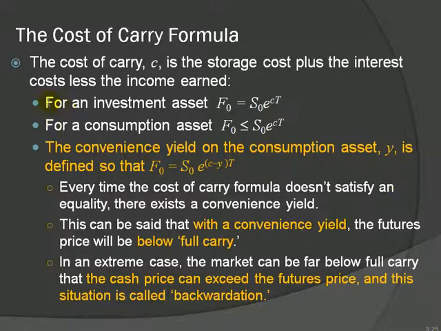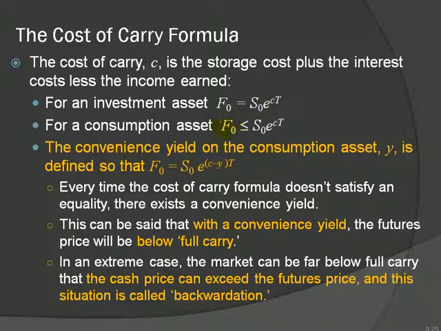And for an investment asset, we observe equality, but for a consumption asset, since people prefer the spot contract for consumption reasons over the futures contract, there is an inequality. Like I said on a previous screen, people don't want to short sell the spot contract and buy the futures contract.